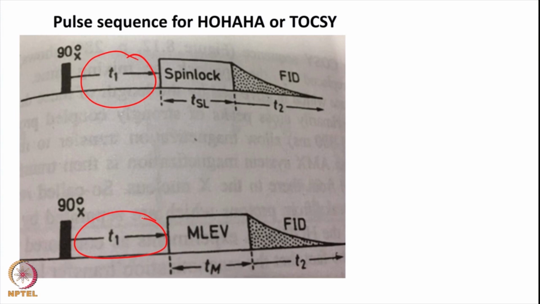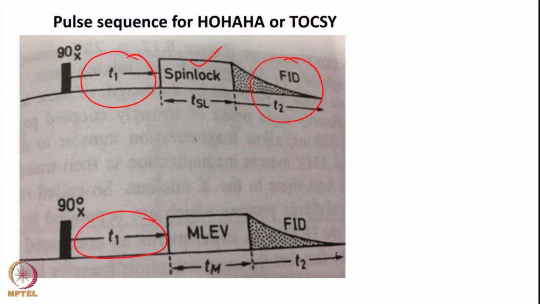Essentially we apply a 90-degree pulse, bringing the magnetization to the xy plane, and then we spin lock it, locking in the xy plane. Because of locking, we are applying a weak RF pulse, bringing them to a rotating frame of reference, and here the Hartmann-Hahn matching condition happens, and then we detect it, and that is the FID.